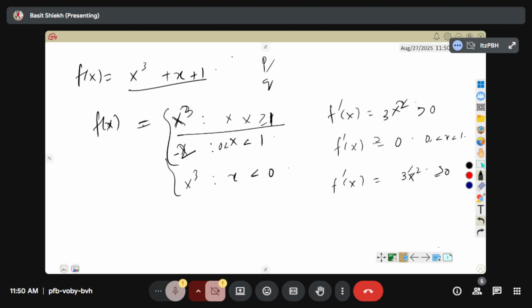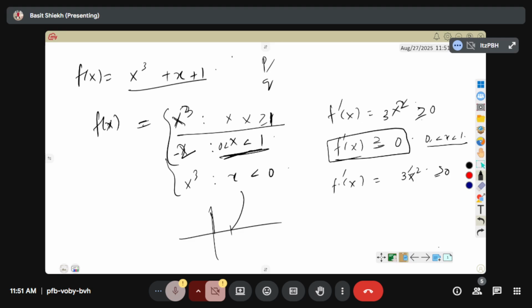If I draw the graph, after 1 it is behaving like this, and for less than 0 it is behaving like this. In the middle it is a constant.